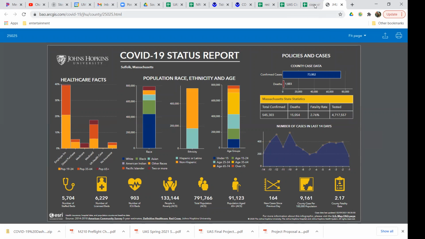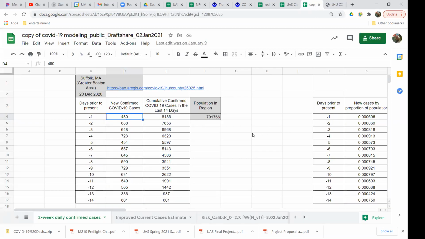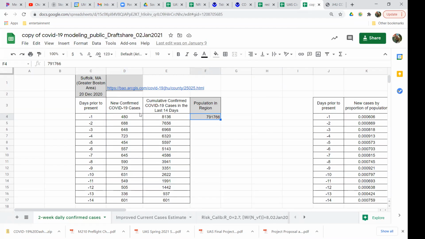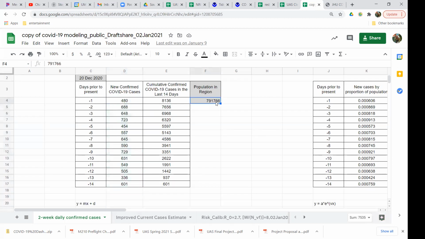Once you have those, you also enter the population of the region that you're at. You can get that again from the summary sheet, which looks like it's from Johns Hopkins University. It has the total population, or you can look it up from some other source to get the population estimate. And then once you've entered this column and the population, the cumulative cases will populate.